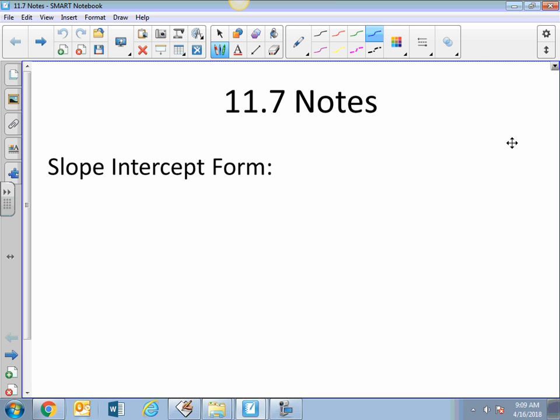So slope-intercept form, essentially what it is, it looks like this. Now, you were reminded the other day that m is the slope of a line. What the b is, literally, is the y-intercept.